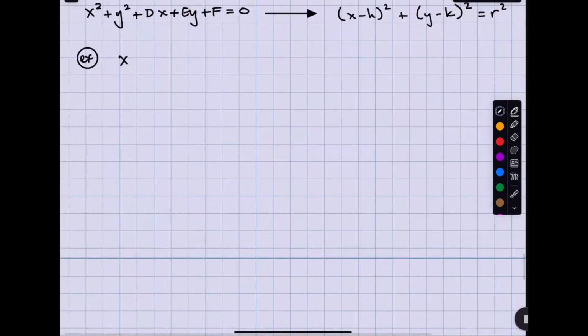Let's go with x squared plus y squared plus 6x minus 14y plus 1 equals 0. I have no idea how this is going to work out.